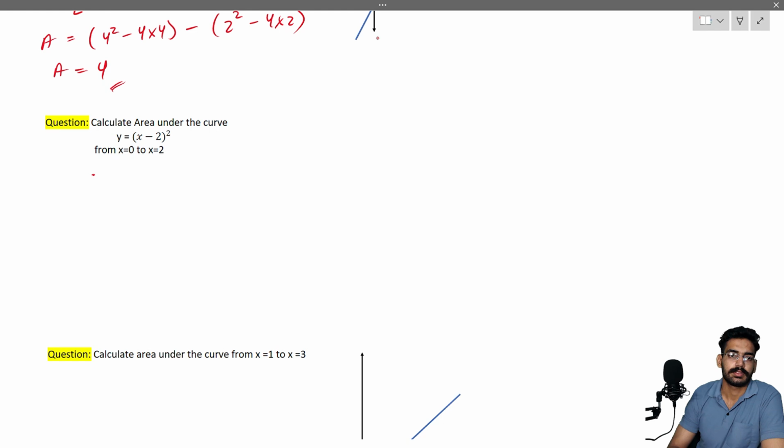So now let's integrate and find out the area from 0 to 2.